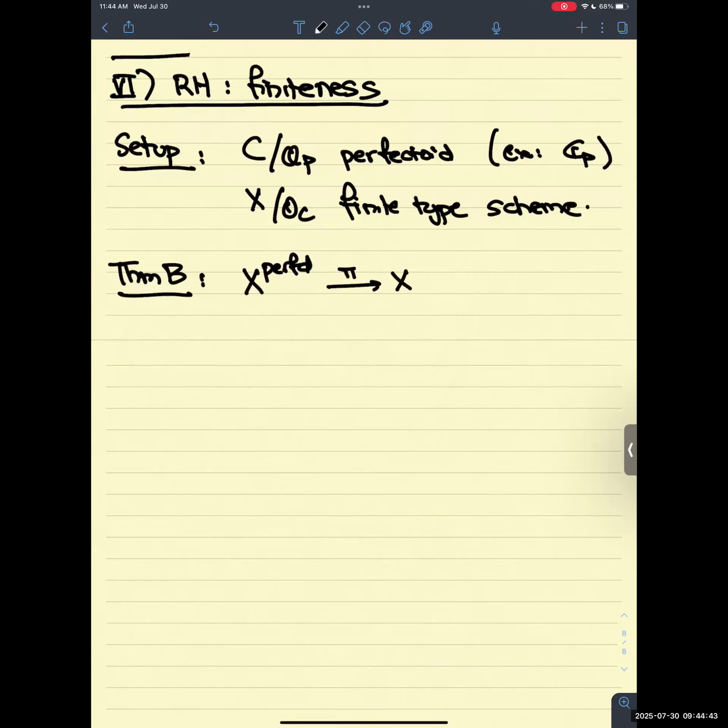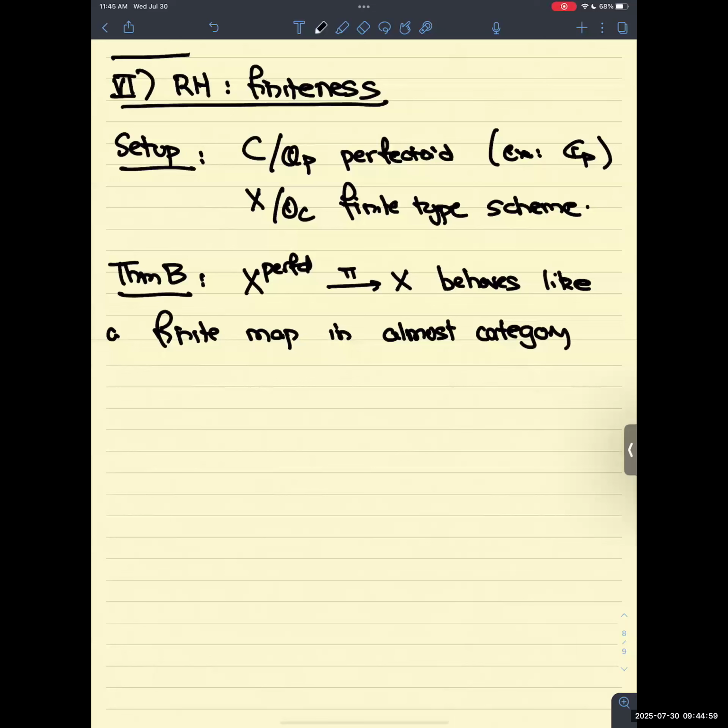Let me first say it heuristically. So it behaves like a finite map in the almost category. And so what do I mean by this? I mean it has roughly the same finiteness properties you would expect X to have.